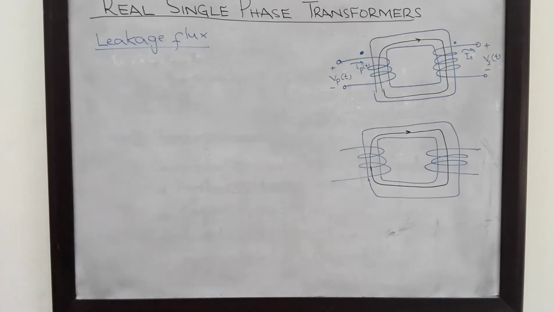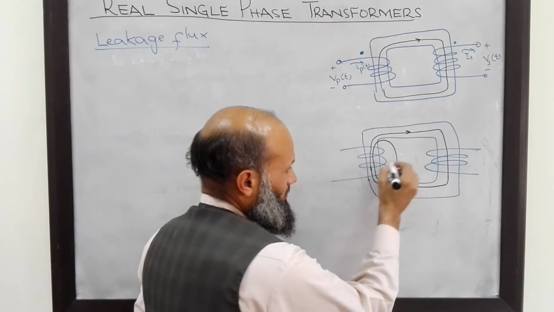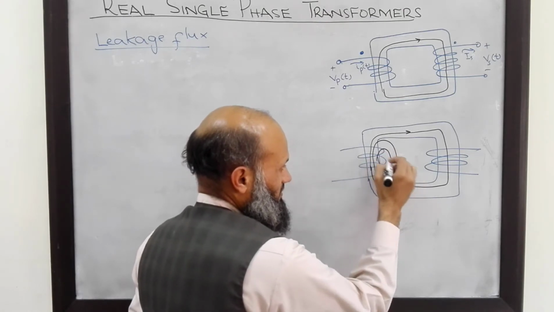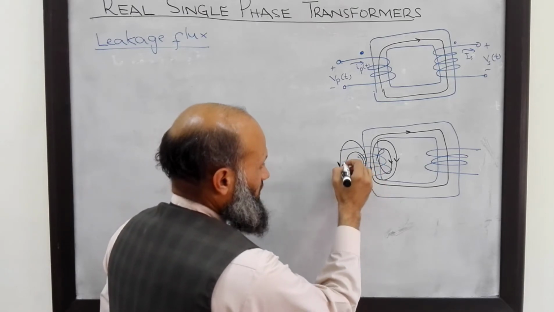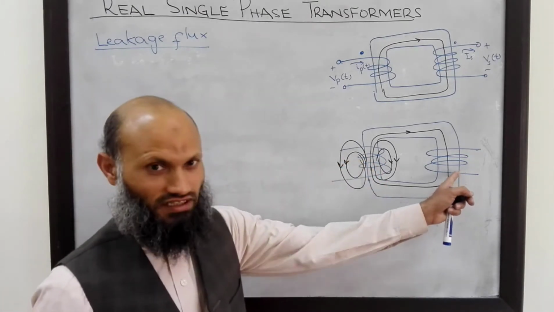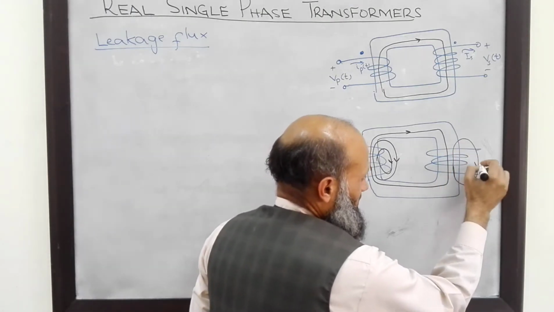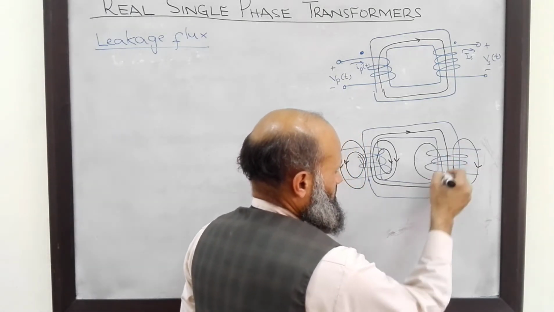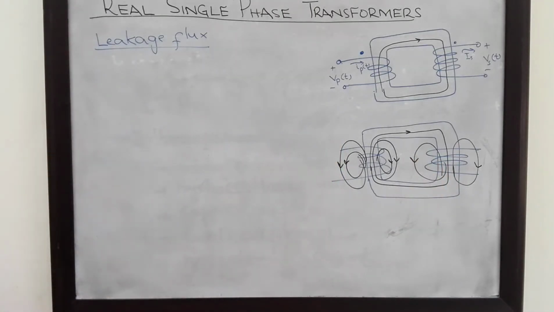However, some of the flux lines will leak into the air. This flux is called leakage flux. If current is also flowing in the secondary winding, there will also be leakage flux on the secondary side. What is the implication of this effect? To study the implication, let's discuss it mathematically.